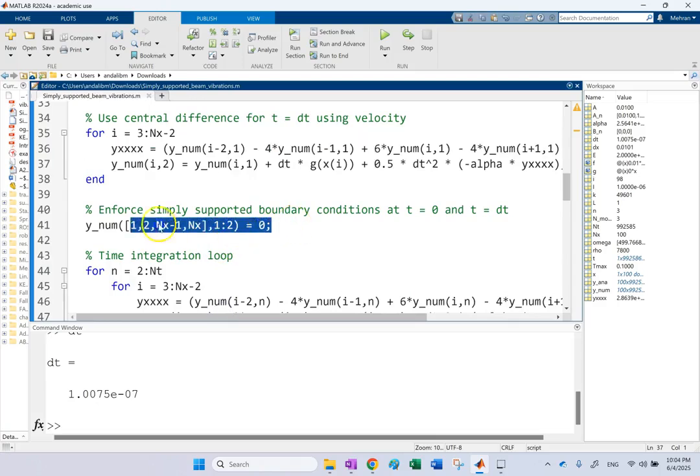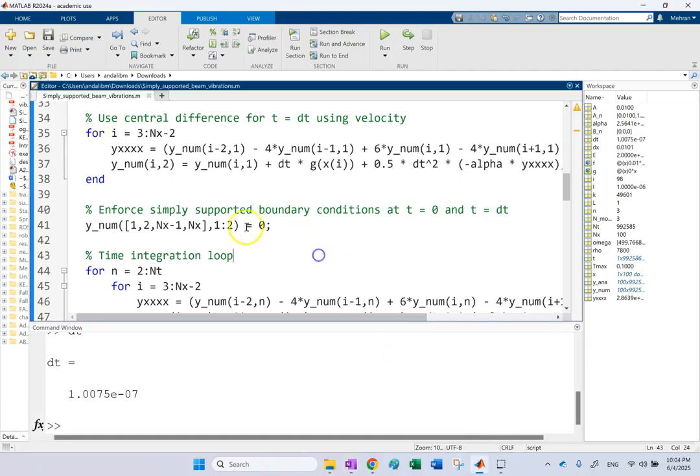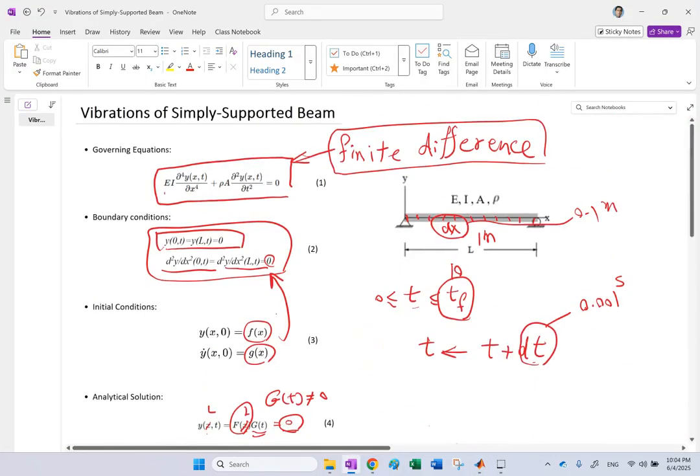And then you enforce the simply supported boundary conditions. Okay, so here you have y and y double prime equal to 0. For that reason, not only the first and the last nodes will have 0 displacement, but also the two nodes right next to them. So node number 2 and node n-1 will also have 0 displacement at any point, so that the y double primes are also basically guaranteed to be 0.